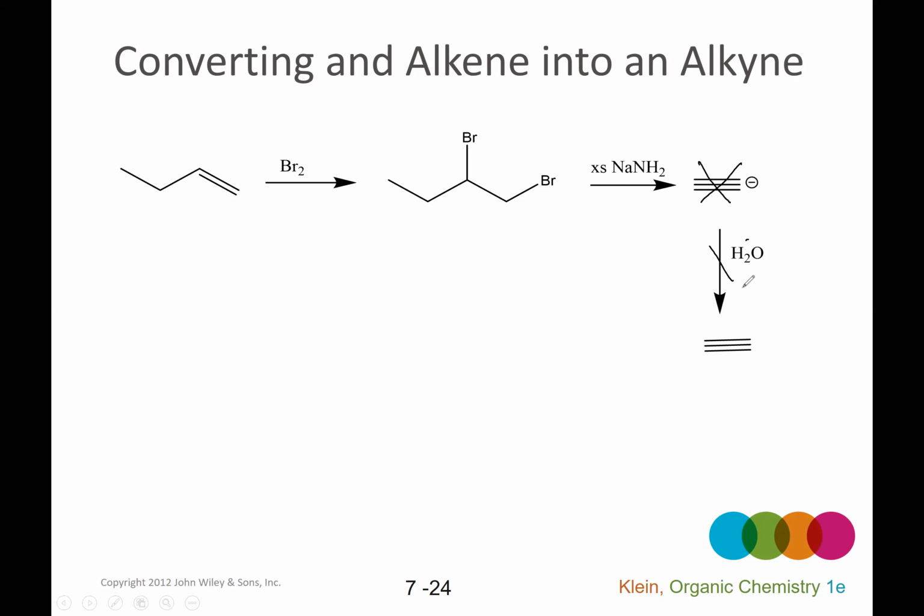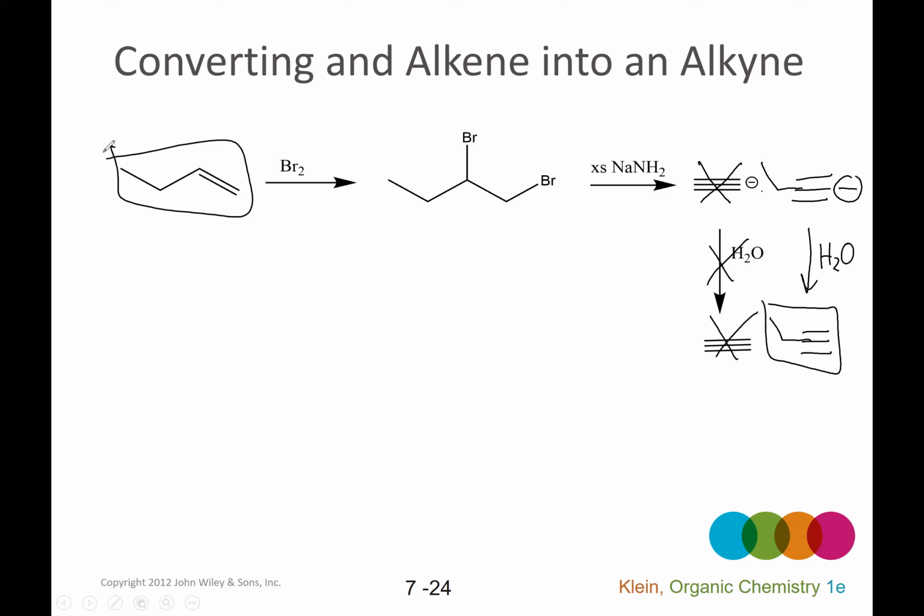We're going to end up with 4 carbons. I'll explain each step here. The first step is converting an alkene: we have a 4-carbon alkene, butene, and we're going to convert it to a 4-carbon alkyne, butyne.